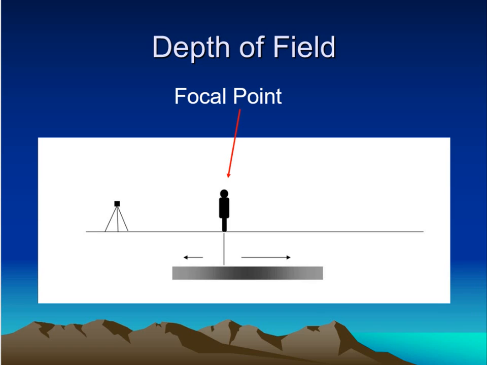Usually, roughly, it's about 1/3 in front and 2/3 behind. But I found that the closer I get to a subject, it becomes more 50-50. So don't consider that a hard rule of thumb. But consider it when you are setting up to photograph a subject, just how you go about focusing on them and what kind of depth of field you're going to apply to them.